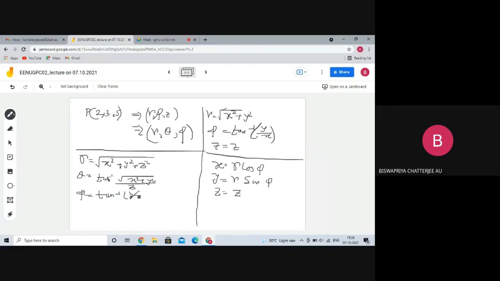These formulas have already been discussed, so you can go through them. x is equal to r sin theta cos phi, y is equal to r sin theta sin phi, and z is equal to r cos theta. So by using these formulas, you can convert any point.